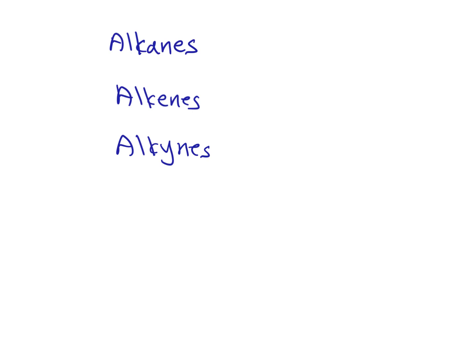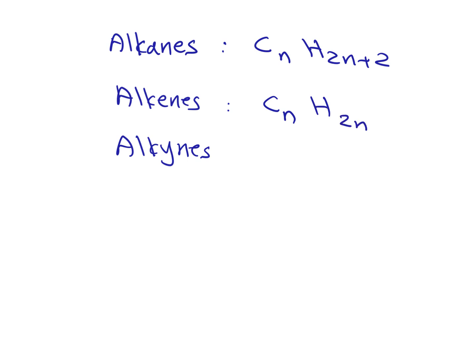You should remember that alkanes have the general formula of CnH2n+2. Alkenes have the formula of CnH2n, and then alkynes have the general formula of CnH2n-2. Okay, and you have your table 2.1, and everything.